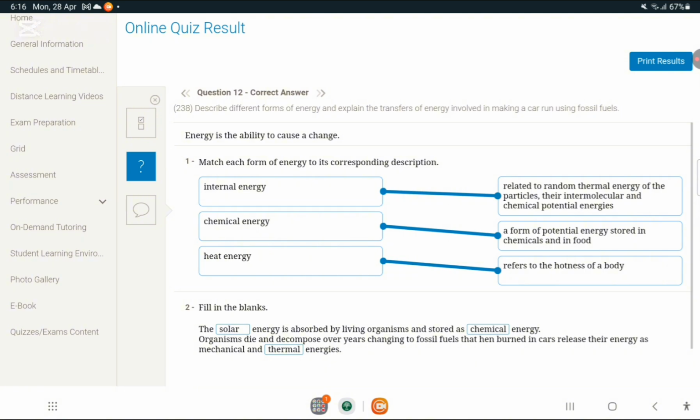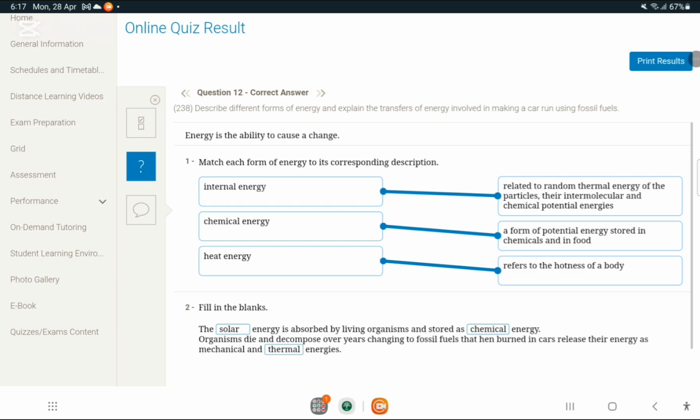Hot and heat, keywords. Internal energy is related to the random thermal energy of the particles in their intermolecular and chemical potential energies. Here it is very obvious, they said intermolecular, so immediately I know it is internal energy. Let's go to the next question.